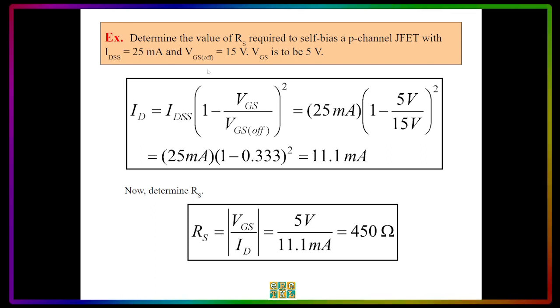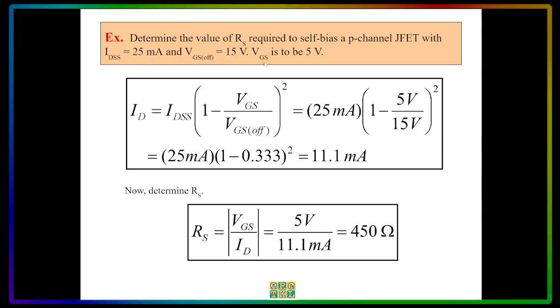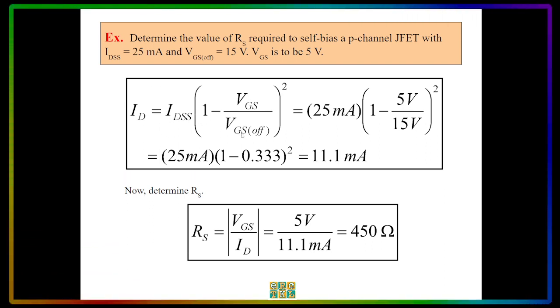Another problem here is to determine the value of RS required to self-bias a P-channel JFET with the IDSS equal to 25 milliamperes and VGS off of 15 volts. And VGS is to be 5 volts. So the ID here will be equal to IDSS multiplied by 1 minus VGS over VGS off, raised to the second power.